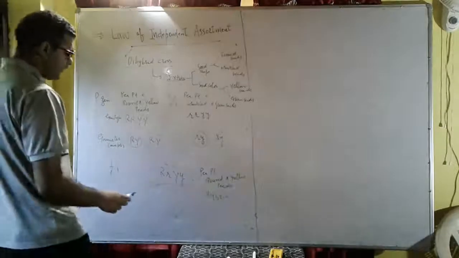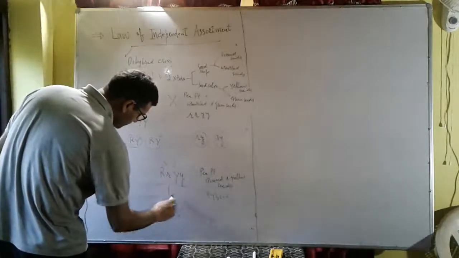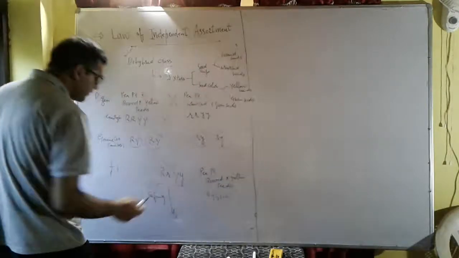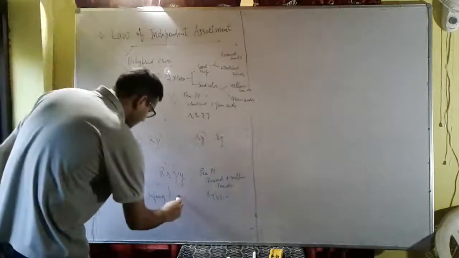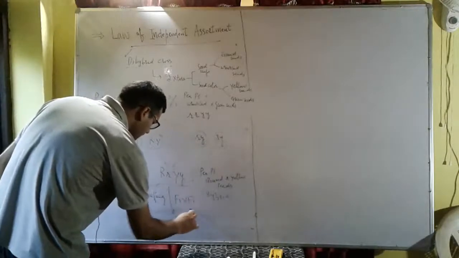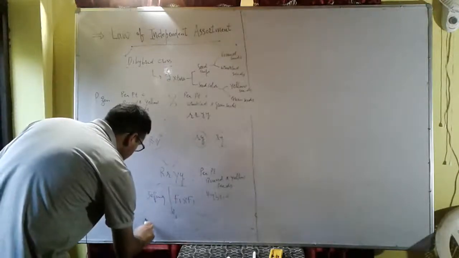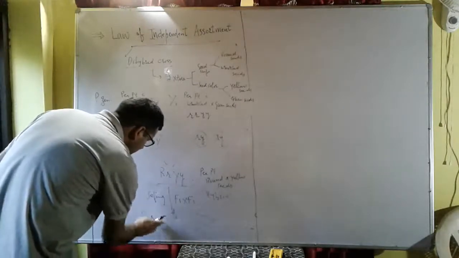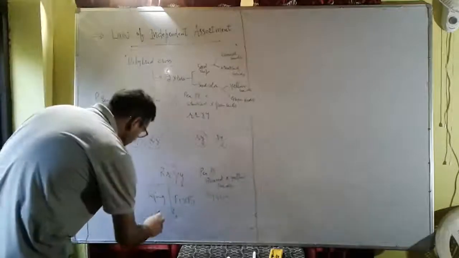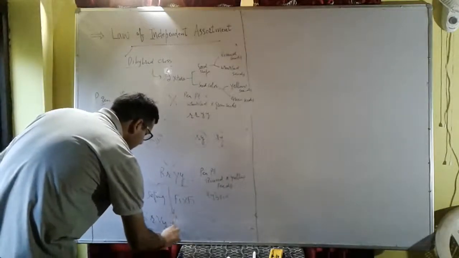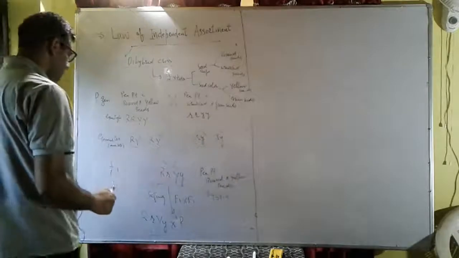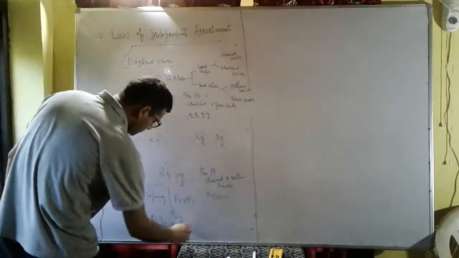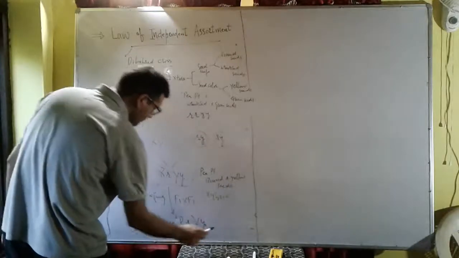Then we go for the selfing. Selfing here means F1 crossed with F1. So we have this type. It is crossed with an individual which has the same phenotype, capital R, small r, capital Y, small y.